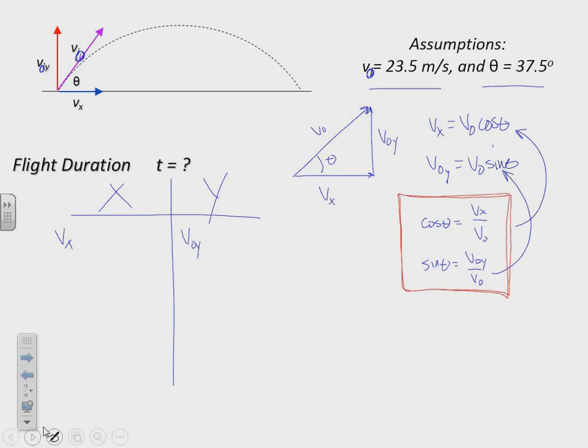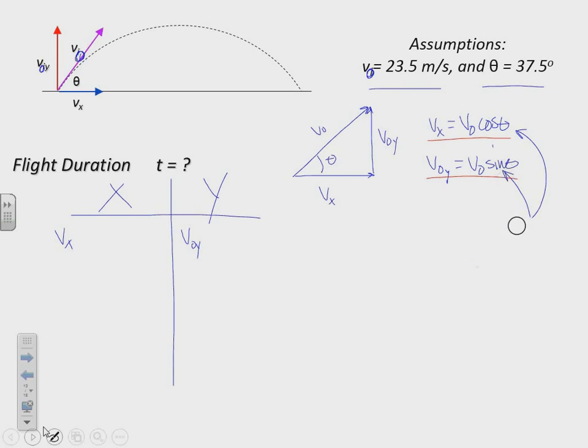You need to just automatically do that, as fast as humanly possible. Hopefully that shouldn't be a major sticking point as to how these problems are solved, just doing some fairly basic trigonometry. Okay, so that's going to be V naught cosine theta, V naught sine theta.